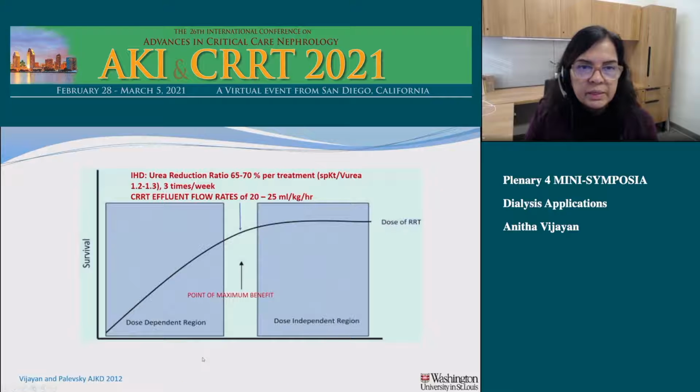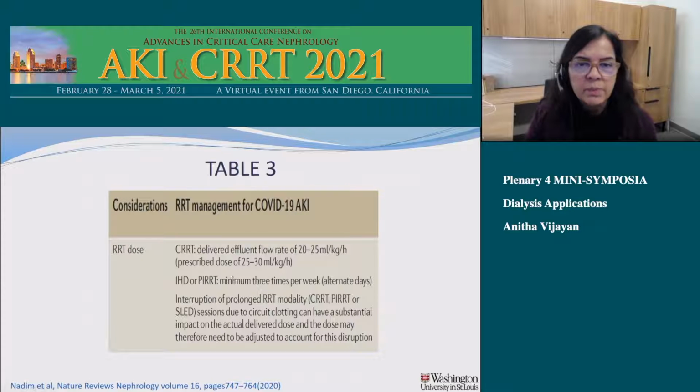So during the pandemic, just for COVID-19 patients who had acute kidney injury, our recommendations were similar: effluent flow rate of 20 to 25 mils per kg per hour, and intermittent hemodialysis 3 times a week. With PERT, you have to be careful when you provide it 3 times a week because the dosing may not be adequate.